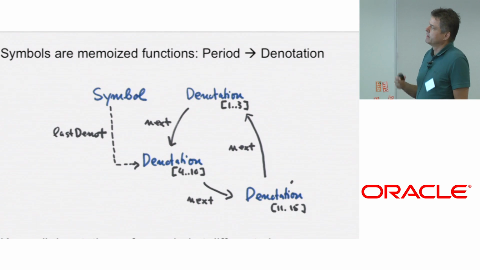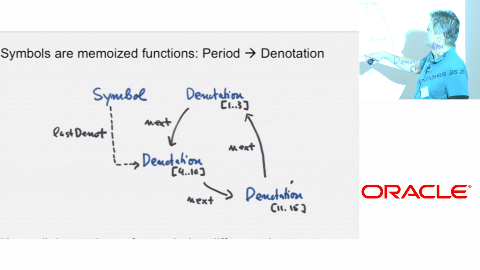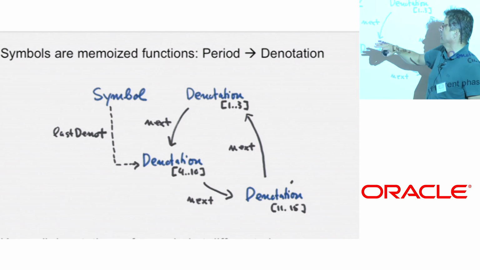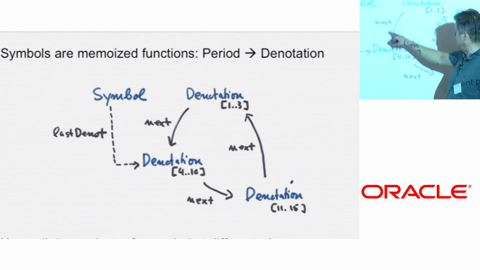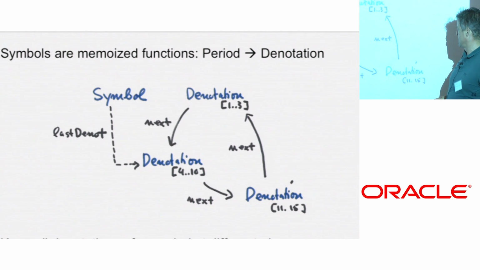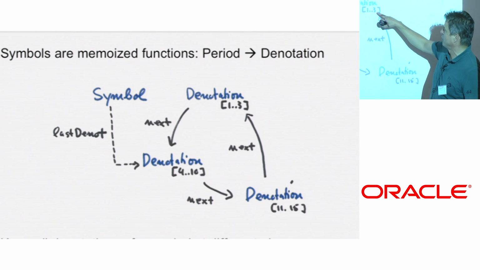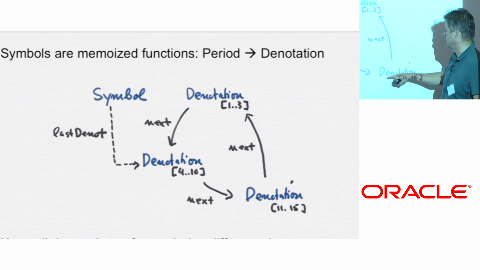Okay, so now we're getting to some bigger images. The symbol here has a bunch of denotations which depend on the phase. And these denotations are computed, essentially the first one on phase 1, 2, 3, with these denotation transformers.